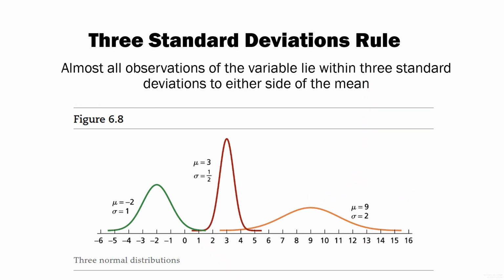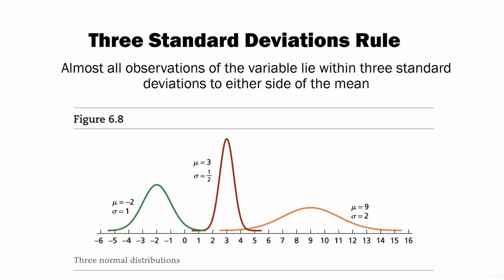You may recall the three standard deviation rule, which states that almost all observations of the variable lie within three standard deviations to either side of the mean. That rule is illustrated by the three normal distributions shown in this figure. You can see the green line is centered on -2, the red line is centered on 3, and the orange line is centered on 9.